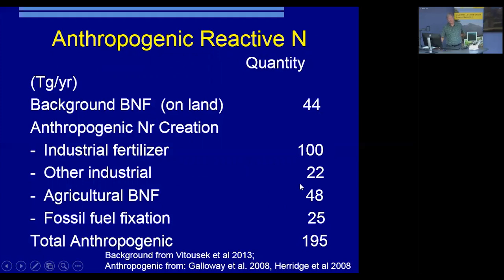Agricultural nitrogen fixation is about as large as the whole of background biological nitrogen fixation. Fossil fuel fixes or mobilizes some more. In sum, we're producing and applying, or distributing at least, about 200 million tons of nitrogen every year, which is 4 or 5 times greater than the sum of all nitrogen fixed biologically before. And the world is transformed by that additional fixation of nitrogen.